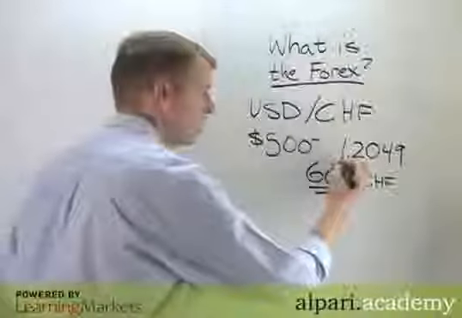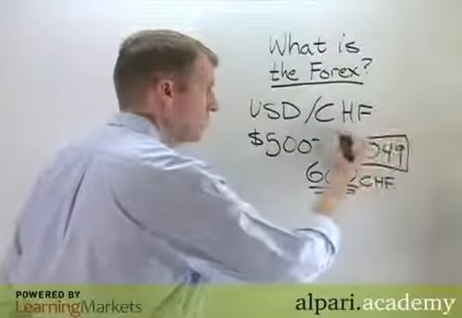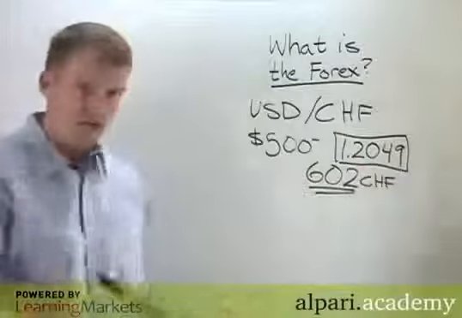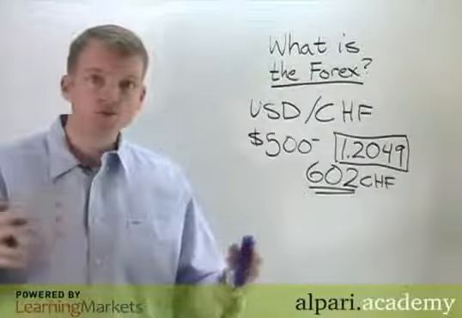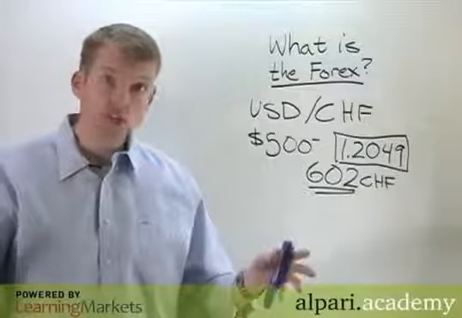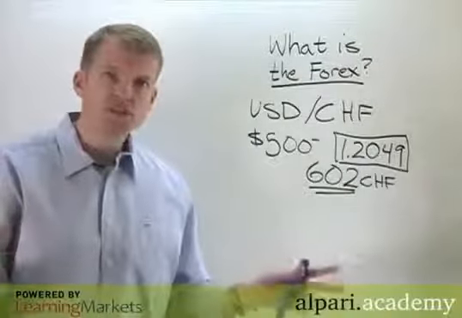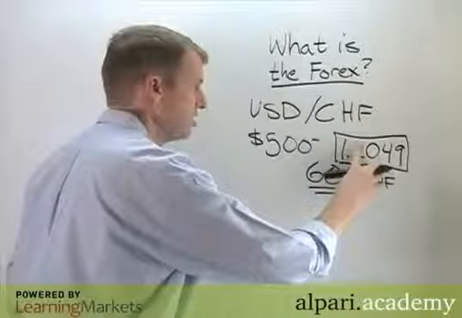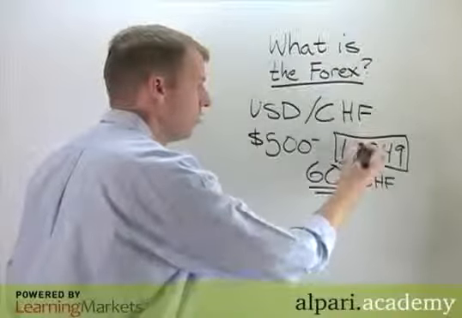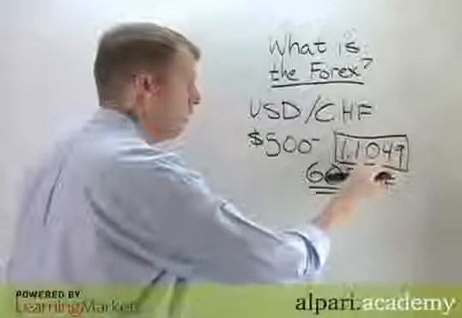Well, this exchange rate that we were dealing with has probably changed. Exchange rates change every day, and over a period of a month or 2 months or 3 months, they may change quite a bit. Well, let's pretend that in this case, the exchange rate did in fact change, and it actually dropped to 1.1049.